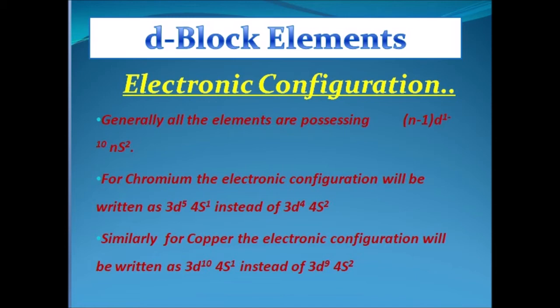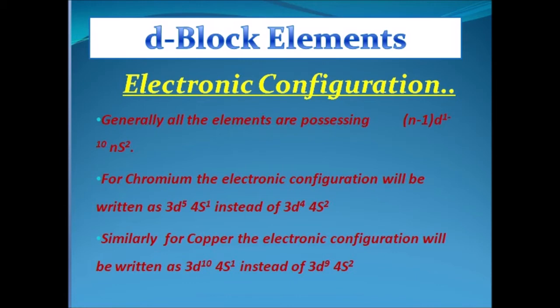One electron from the 4s level is shifted into the 3d orbital in order to give partially filled d orbitals. So that's why it looks like that.